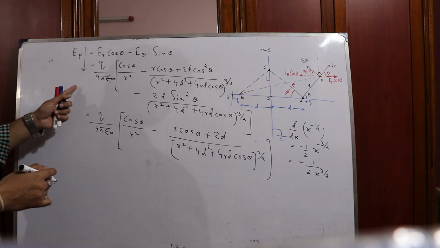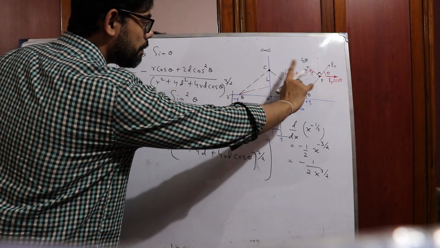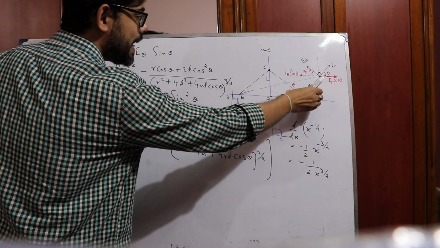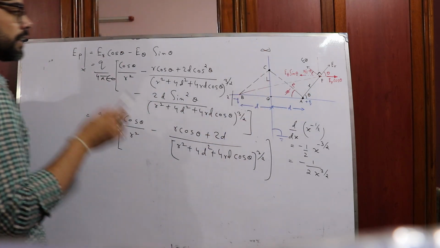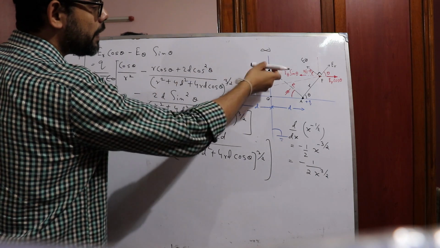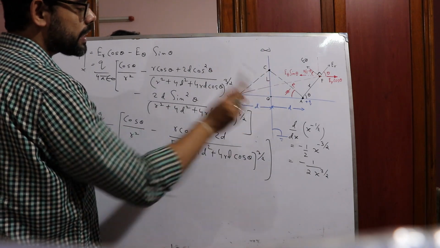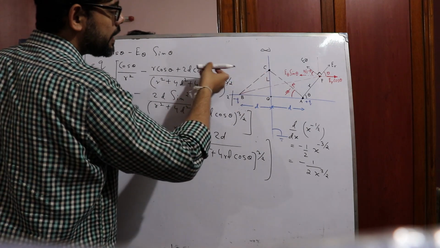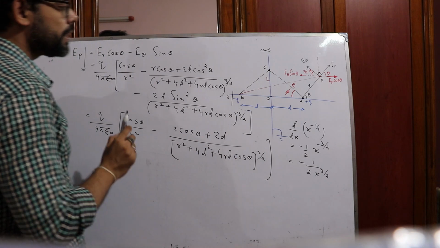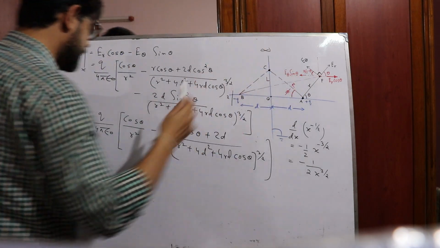Now once you get this one, if I shift the point P to the point C, suppose this line AP shifts to AC. If I want to find the net electric field perpendicular to this infinitely long plane, which is an earth surface, then I have to shift the line AP onto AC.